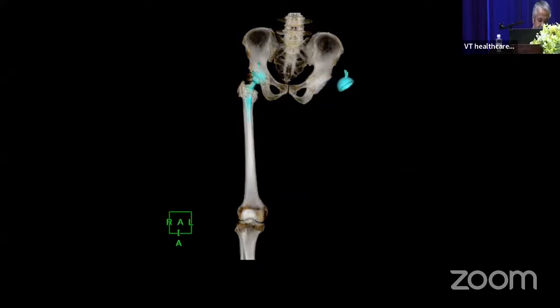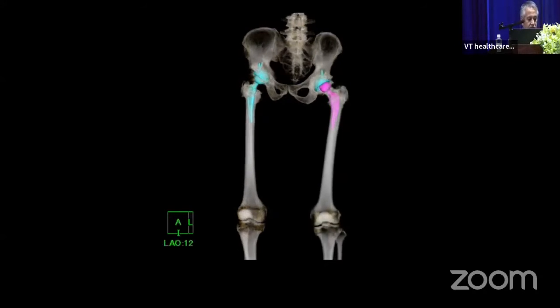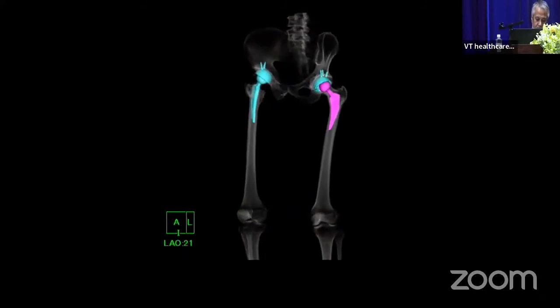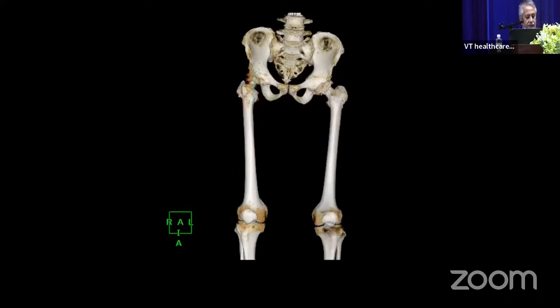The case where the right hip arthroplasty was replaced is a 3D image video of the simulation of the right hip arthroplasty by fusion, to perform the hip arthroplasty on the left as well.